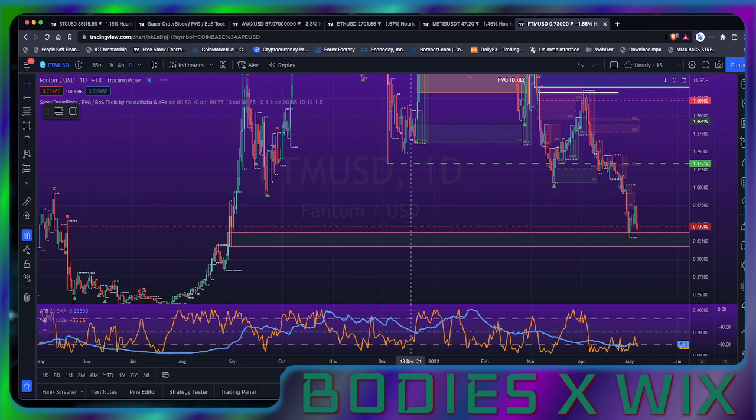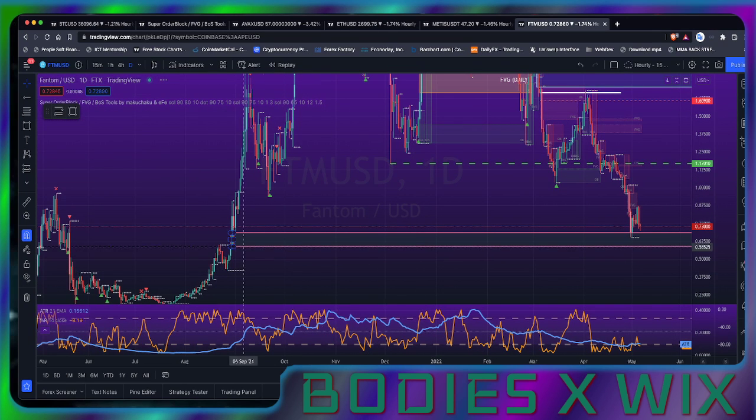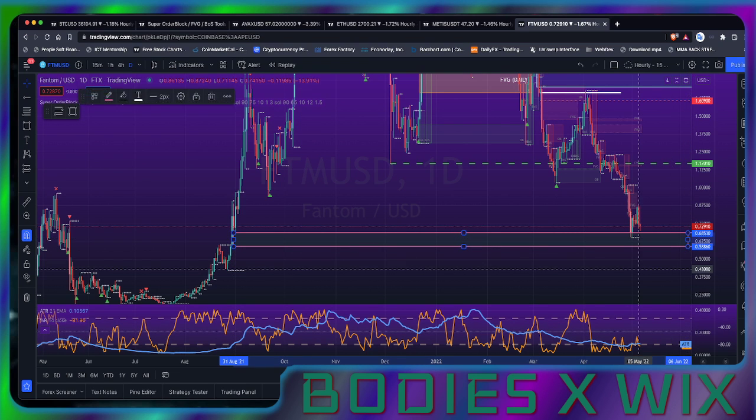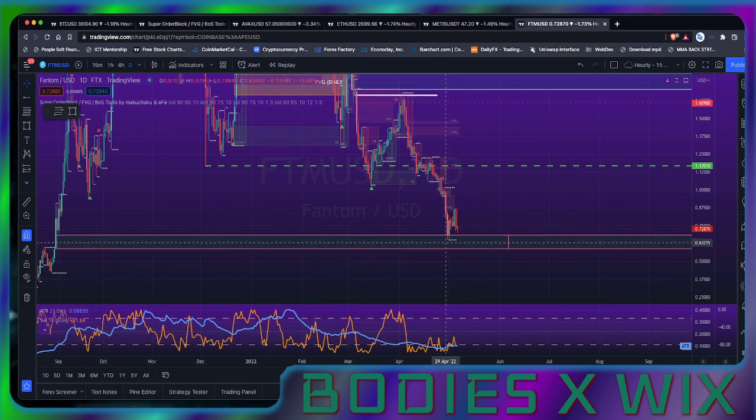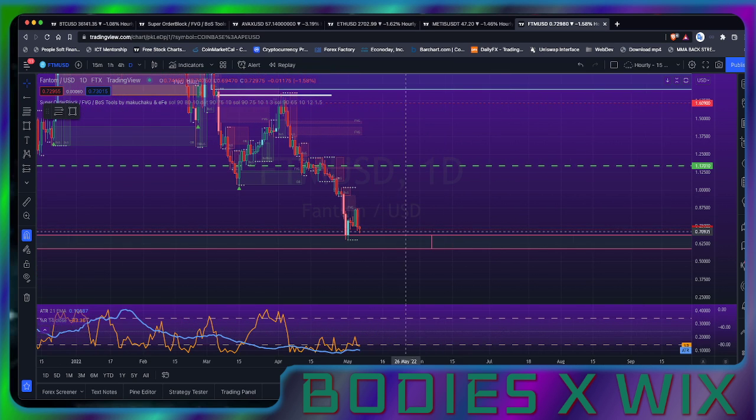Yep, there was a fair value gap, and it has ran down into it, broke to about the halfway point, pulled up back out, hit the top of it. Looks like Phantom would be a great long for the day. Or it might just be a good long up until it hits, again, the bearish order block.